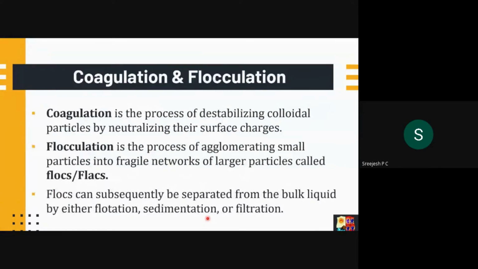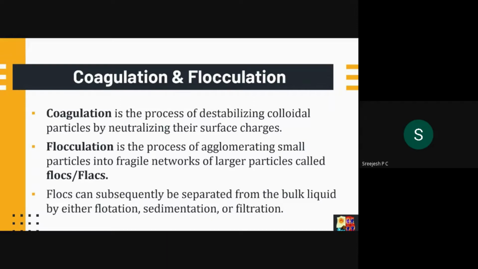So as I mentioned, coagulation destabilizes the colloidal particles by neutralizing their surface charges and making them aggregate together. And in flocculation, what is happening? It is an agglomeration process where the smaller aggregates formed as a result of coagulation come together and form a particle called the floc or the flock.